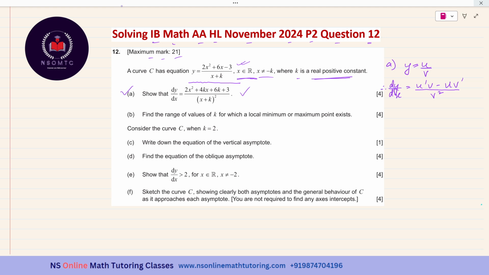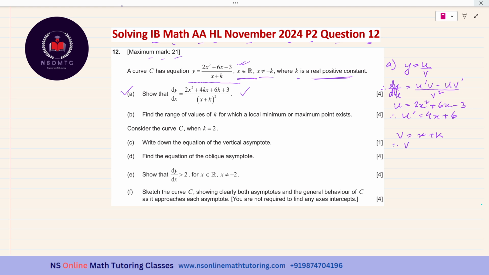So therefore, what will be u dash? u is 2x squared plus 6x minus 3. Therefore, u dash equal to 4x plus 6. Similarly, v equal to x plus k.